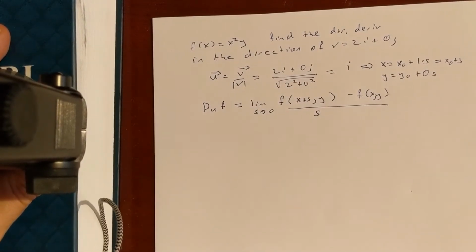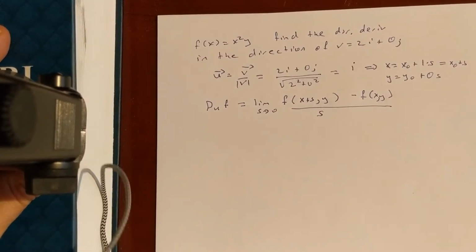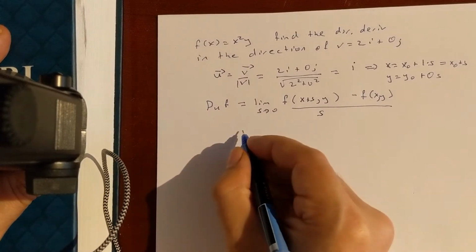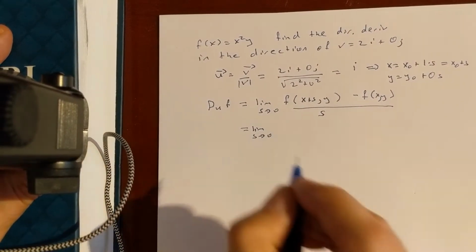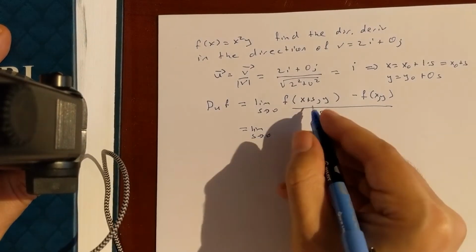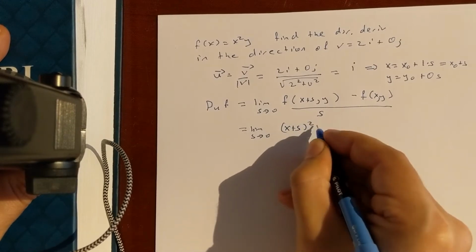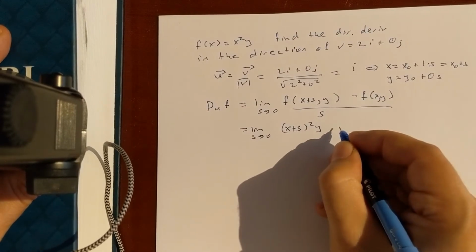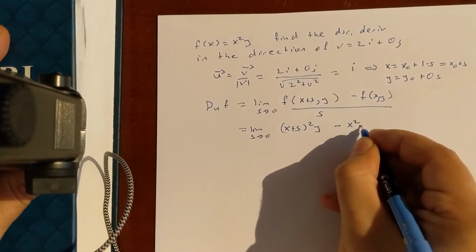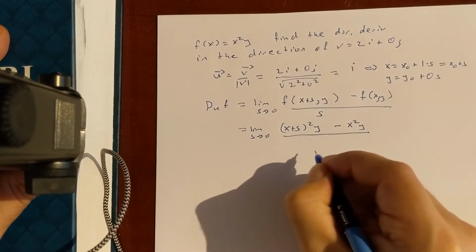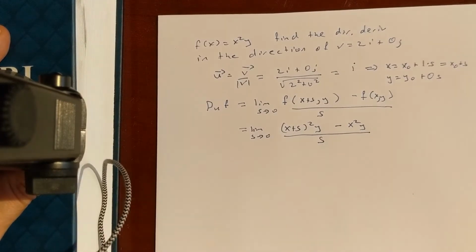All right, so for our particular function, remember our function is x squared y, so let's just plug it in. Don't forget your limits. We get the limit as s goes to 0 of x plus s, the whole thing squared, times y, minus x squared y, all over s.